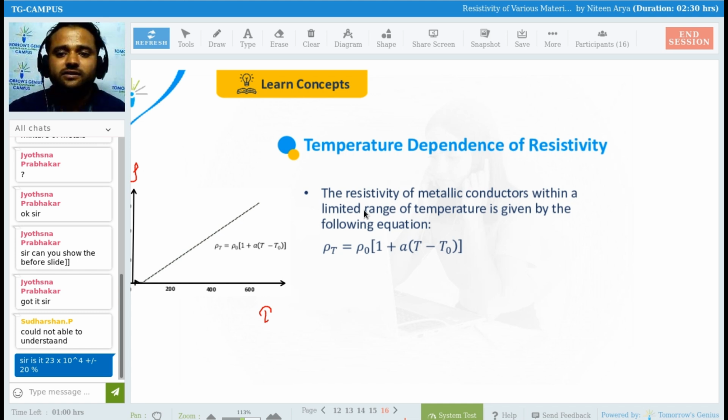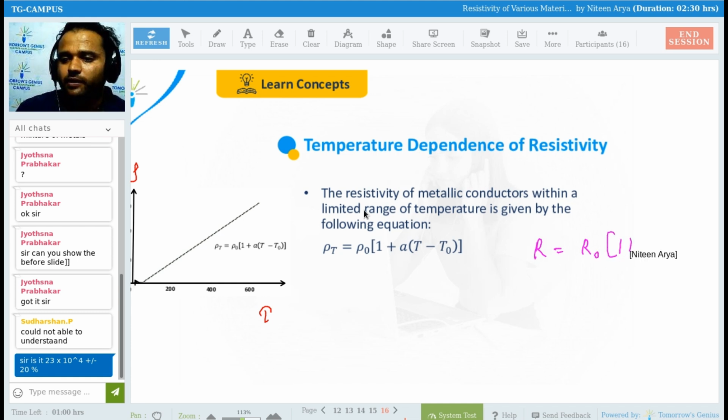So the temperature dependence of resistivity, where it came from. As we know, the resistance also: R equals R naught times 1 plus alpha (T minus T naught). What is T naught? Initial temperature. And what is R naught? Resistance at initial temperature.